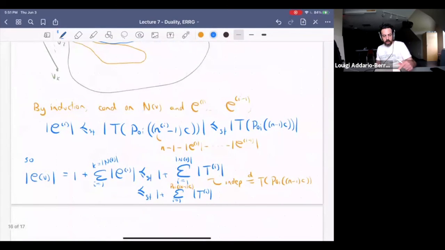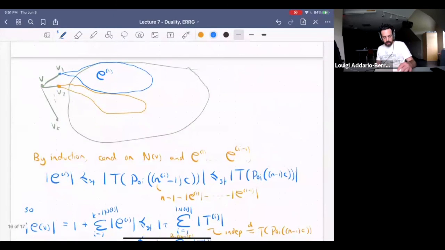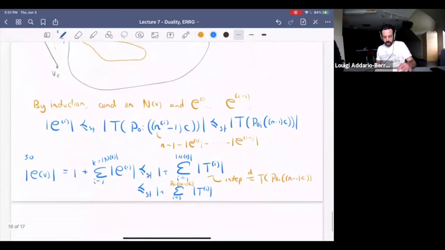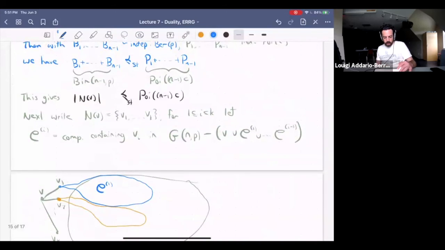Is N_v excluded from the definition of C_1? Yes, I should have done that. Yes, thanks. So yeah, I could have excluded v_1 up to v_k taken in here.